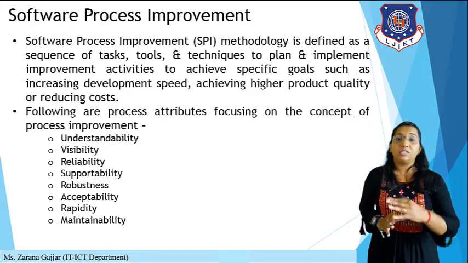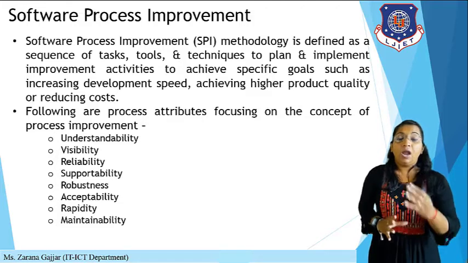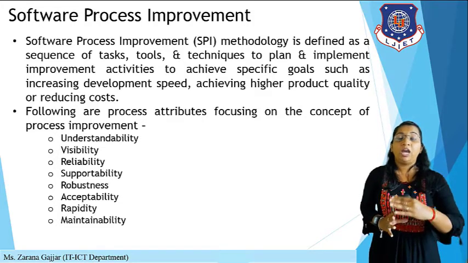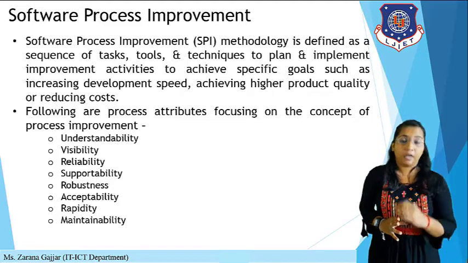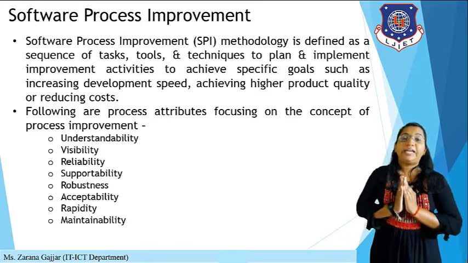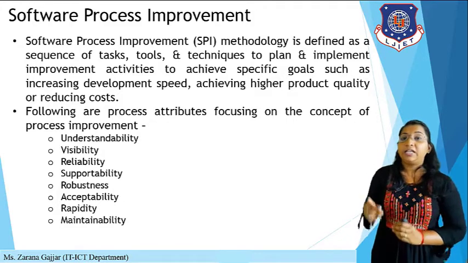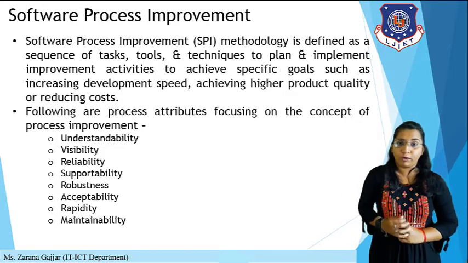Acceptability: whether it will accept all the environmental changes or not. Rapidity: how fast you can change or perform on that particular application. And last is maintainability: how well you are maintaining your project. These are the attributes included in the improvement of your software process.